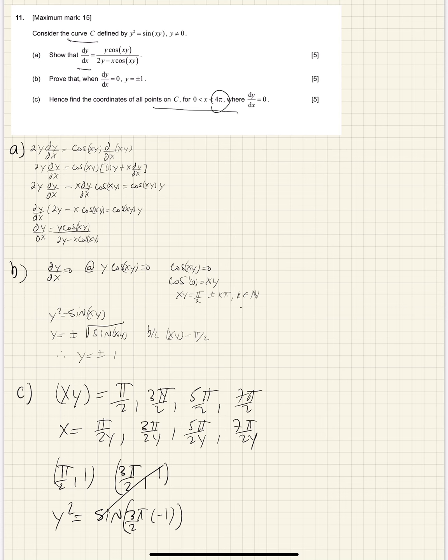I'm not going to take the values where y equals negative 1 because I end up with the square root of a negative number. If y is equal to minus 1, I need to be sine of 3 pi over 2. I'm being a fool.